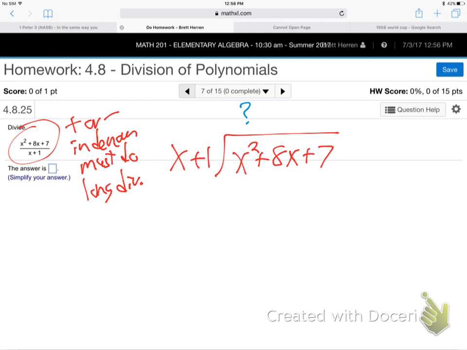So what are you going to put up here? What up here times the front will match the front? What times x is x squared? X, yeah. So put up here x.